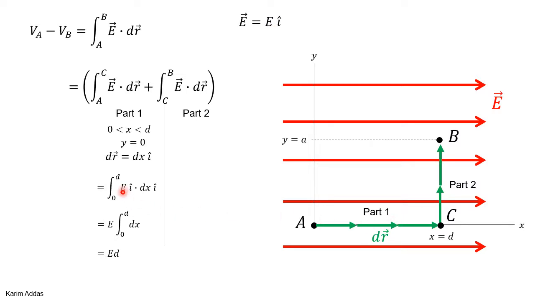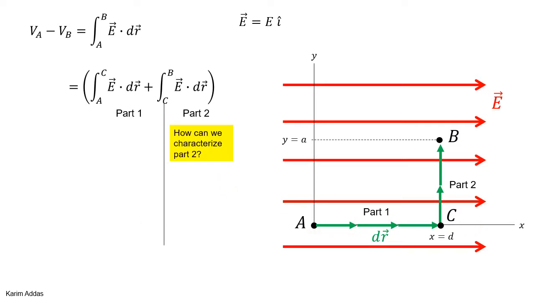So I can take the E out of the integration, and you're left with the integration from 0 to d of dx, which is just d minus 0, which is d. So the final result for this part of the potential difference between point A and point B is the electric field times the distance between A and C. Not the distance between A and B, the distance between A and C. So this is what it turns out to be.